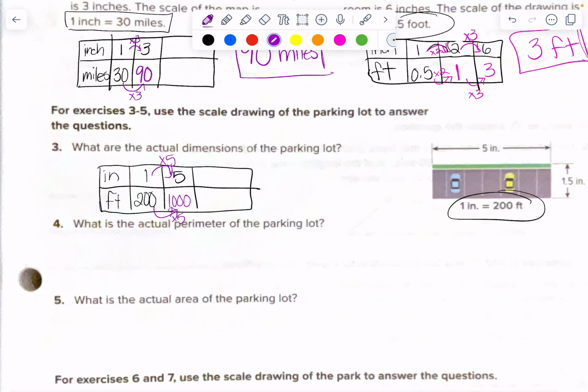Okay, and then to figure out this 1.5, you have a couple of different options. I could just say, okay, well, 1.5 inches and do a connection like that. Another way I might do it, I'm just going to show you a different way. Let's say I found 3 inches, okay? So if I scale up my inches by 3, I'm going to scale my feet by 3.